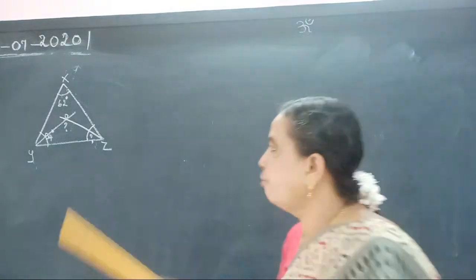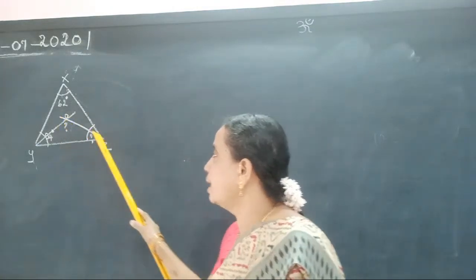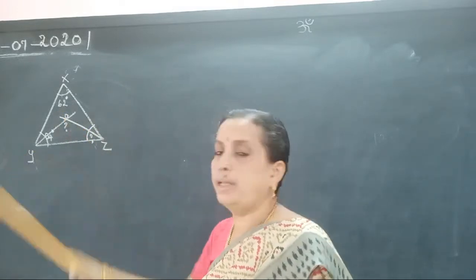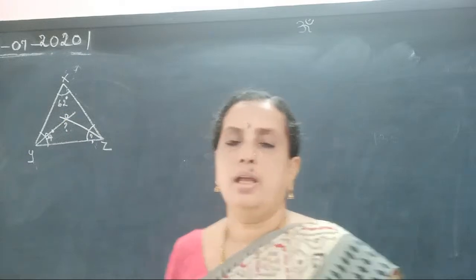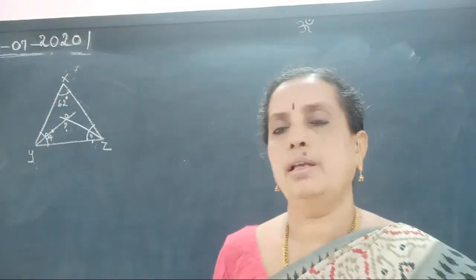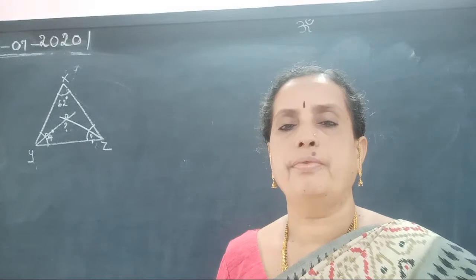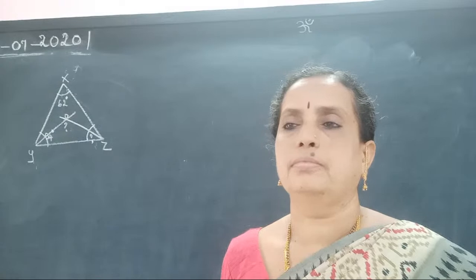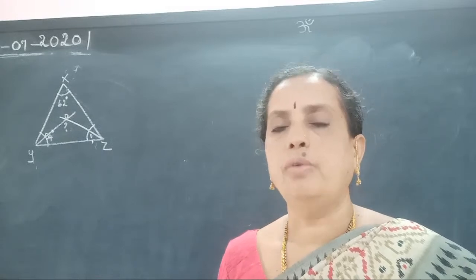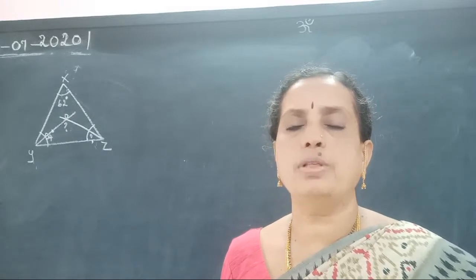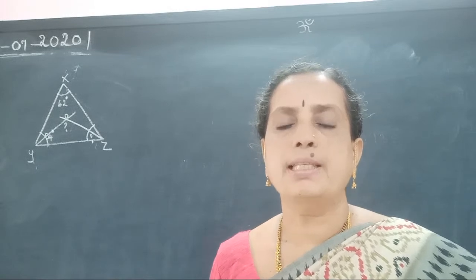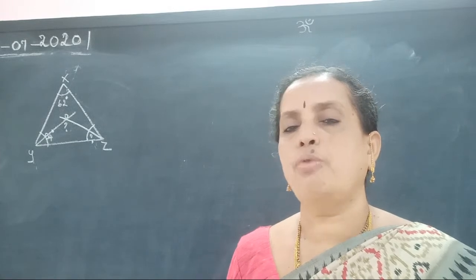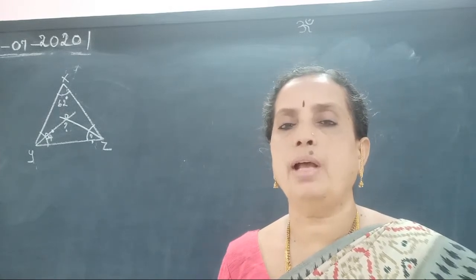After getting 64 degree, since OZ is the bisector, what is the measure of angle OZY? It is 32 degree. Very good. Because OZ is the bisector of angle Z.